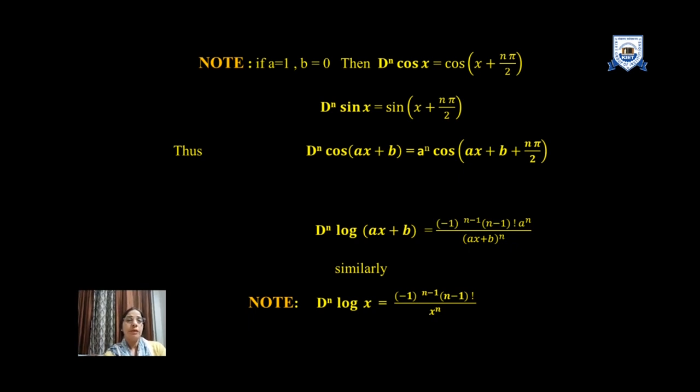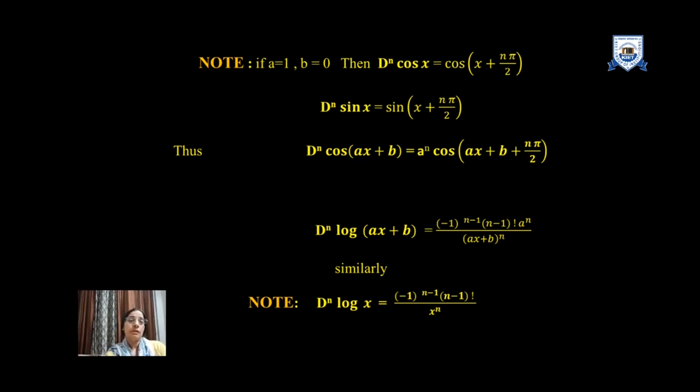And in particular, we can find the nth differential coefficient of sin x and cos x. We put a equals 1 and take b equals 0. Then the nth differential coefficient of cos x is cos of x plus n pi by 2, and the nth differential coefficient of sin x is sin of x plus n pi by 2.